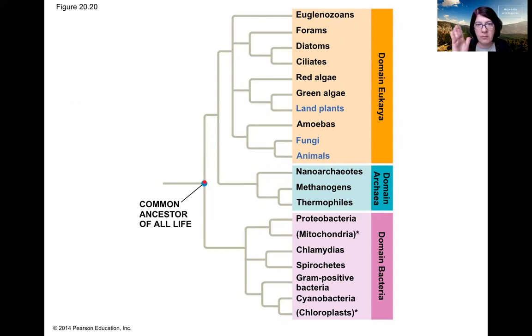Although this is more of a larger scale change. One result is the evolution of domain bacteria. Another result would be the common ancestor of both eukarya and archaea, which means archaea and eukaryotes are more closely related to each other than they are to bacteria.